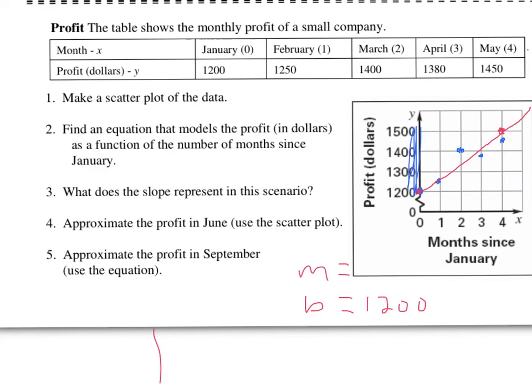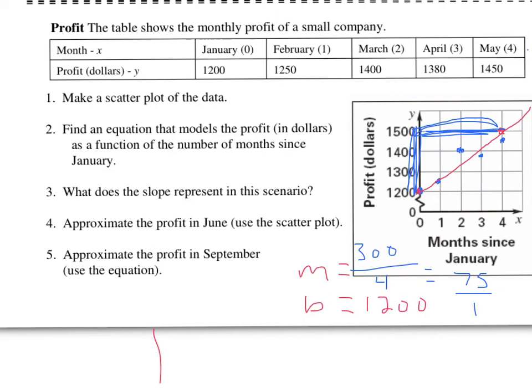That's 300. So it went up 300. And then from here to this point, it went from 0 to 4. So 300 divided by 4. And when I put that into my calculator, I get 75 over 1. So the slope is, it goes up $75 every 1 month. That's just the average is what they're saying.